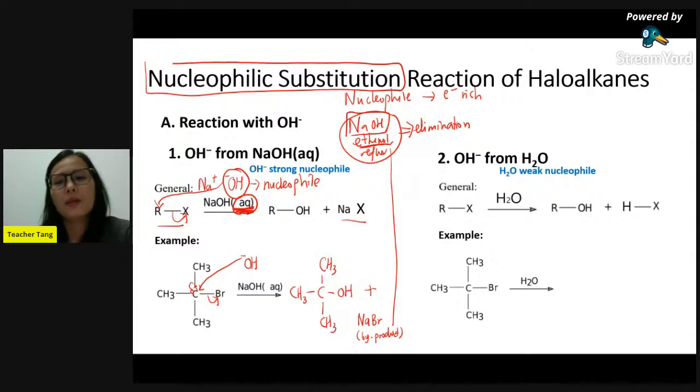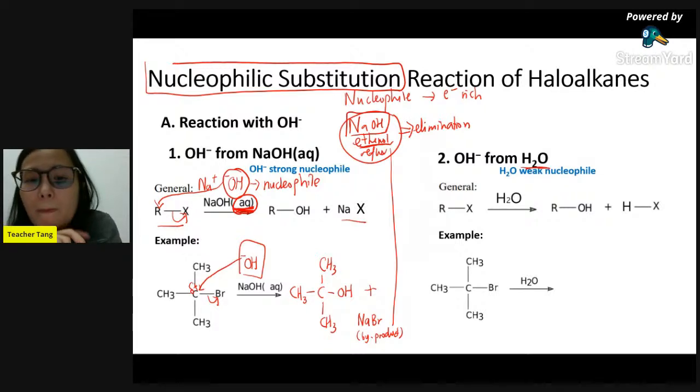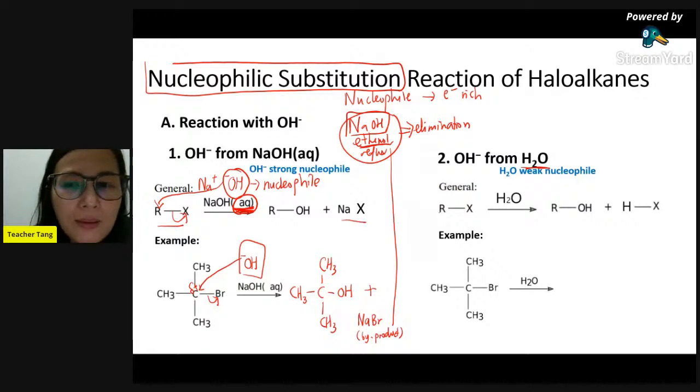Now we move on to look at, besides using sodium hydroxide, which gives us hydroxide ion as the nucleophile, we can also use water. Basically, the carbon that is bonded to the halogen is partially positive charged.